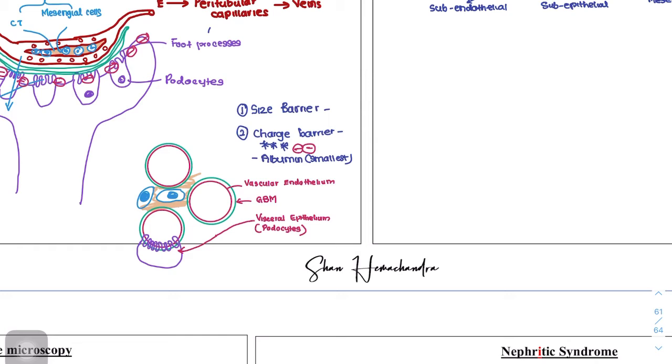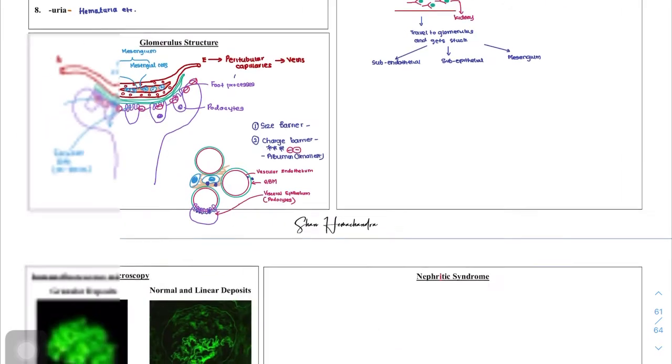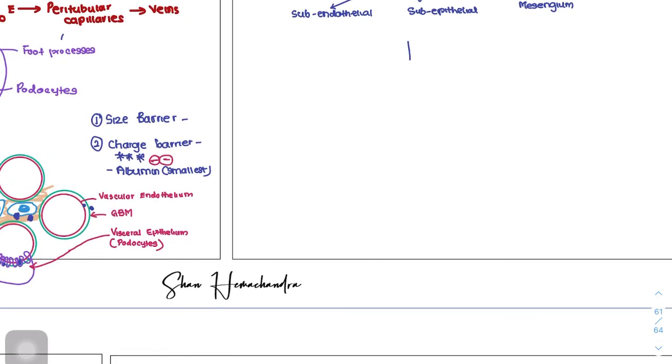Let's take it here. It could be subendothelial, subepithelial, that is somewhere here, or it could be in the mesangium that these deposit. And these get trapped in the glomerulus.